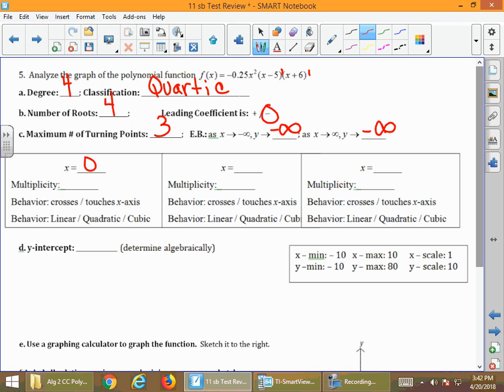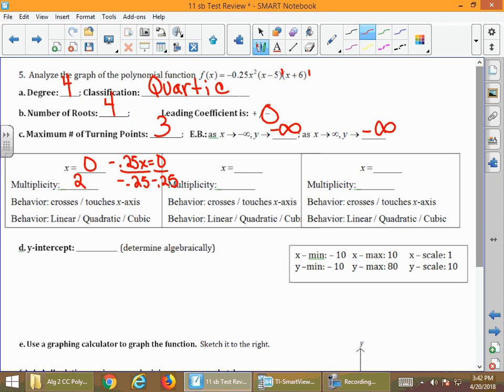Now, some of you might look at this a little bit differently, but x is 0 and it has a multiplicity of 2. So what I did is I really took negative 0.25x and I set it equal to 0. If we divide both sides by negative 0.25, we still get 0.